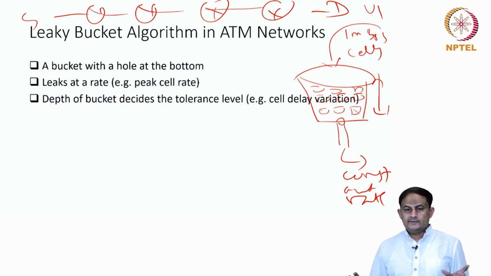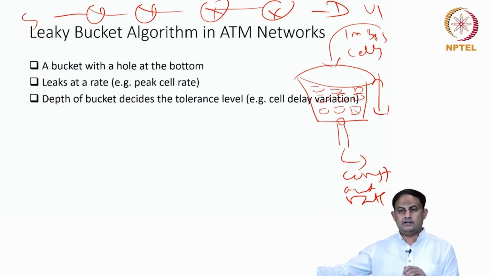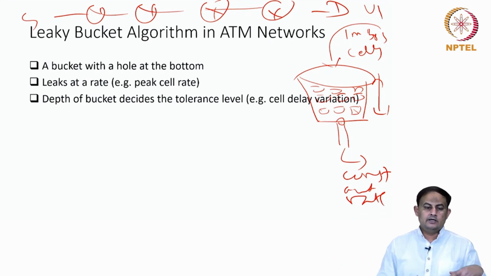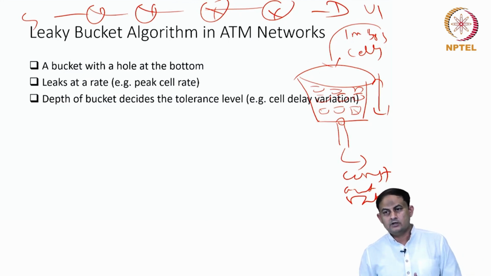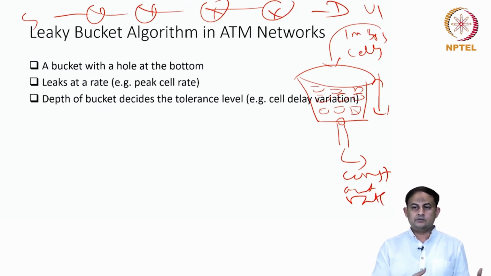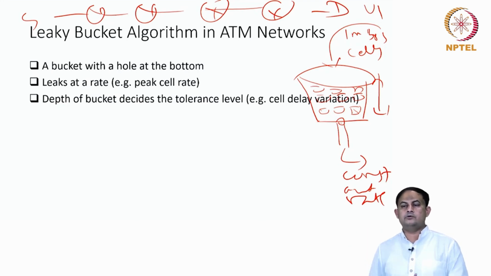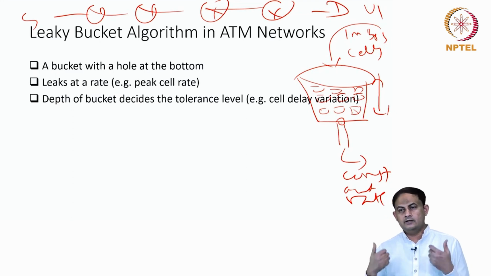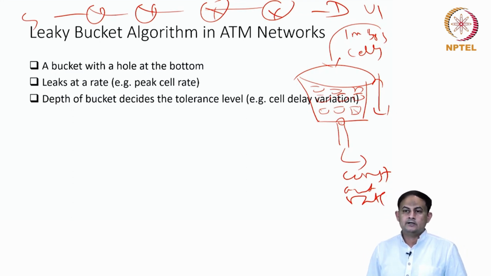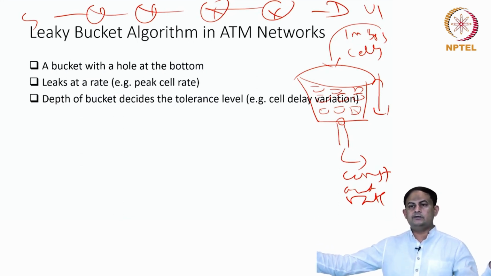Thereby the end-to-end delay: the source is transmitting a particular cell and expecting it to be delivered at a certain time, and if by putting in more capacity, bigger buffers, bigger buckets inside the routers, we made the cells wait in each of these routers for a longer duration, and the source is constantly pumping packets, these cells will spend more time inside the buckets, and I may not be able to meet the end-to-end delay.